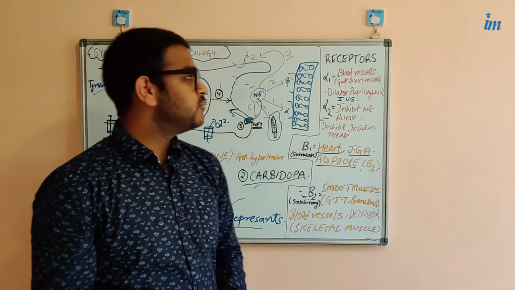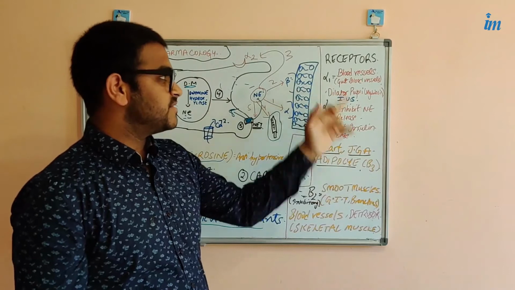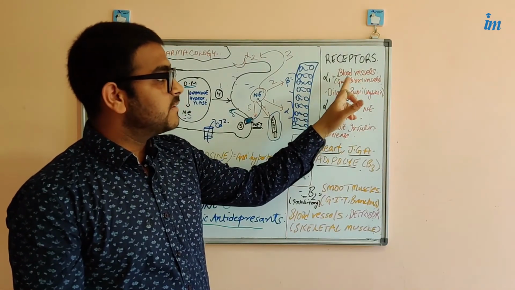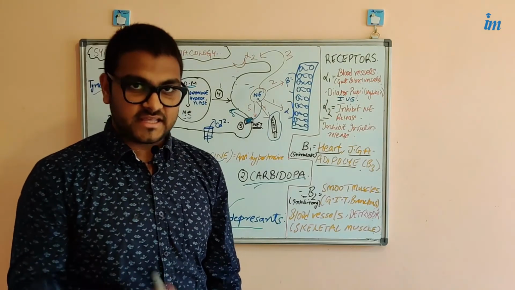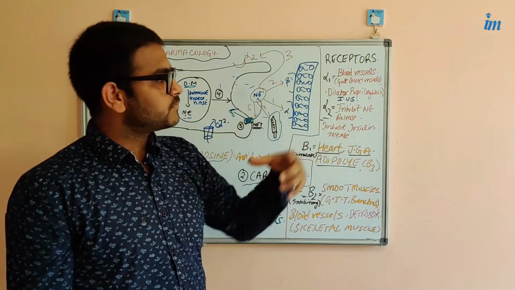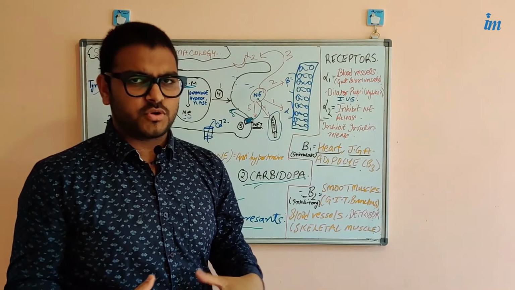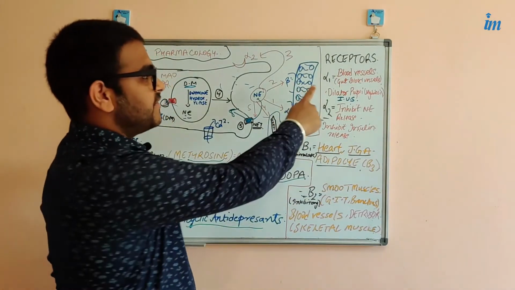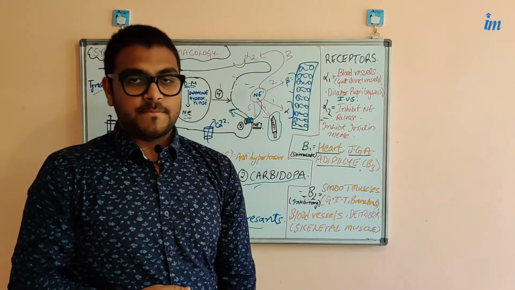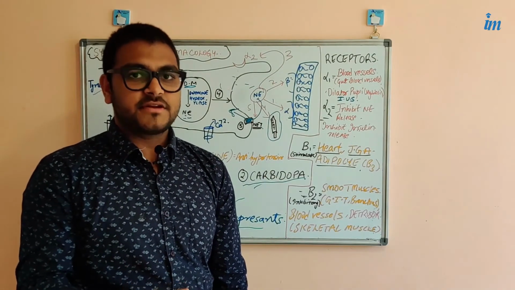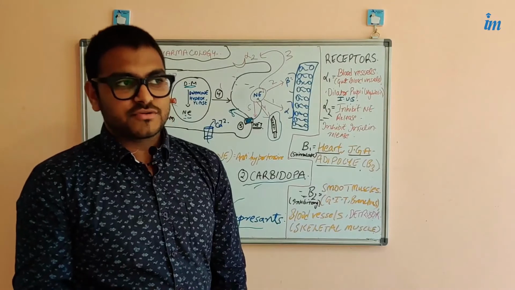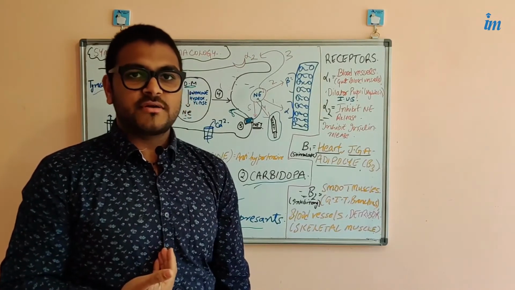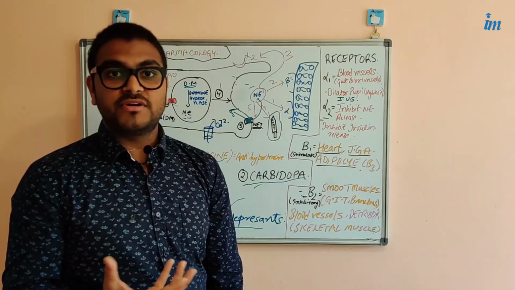So let us know where the alpha 1 receptor is present and why it is present. For example, alpha 1 receptors are present in the blood vessels of your GIT, gut, and the peripheral organs. Why should the alpha 1 receptor be present in the GIT? Because when you are in sympathetic drive, in the case of fight or flight, you do not want blood supply to your GIT, you don't want to digest food.